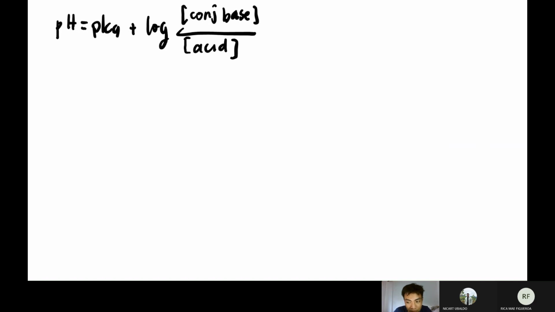So, ang hinahanap natin ay yung conjugate base, no? Yung millimoles nito. So, ito yung hinahanap. So, that means we should write an equation that is exclusive for conjugate base. No? So, that means anything else na kasama niya sa side ng equation na to should be written at the other side. Okay? So, ganun gagawin natin. Yung conjugate base lang dapat yung matira dito. Anything else na kasama niya should be written sa other side ng equation.